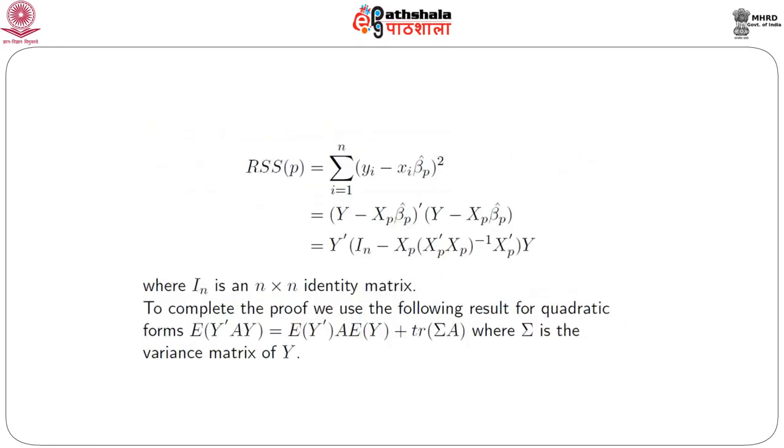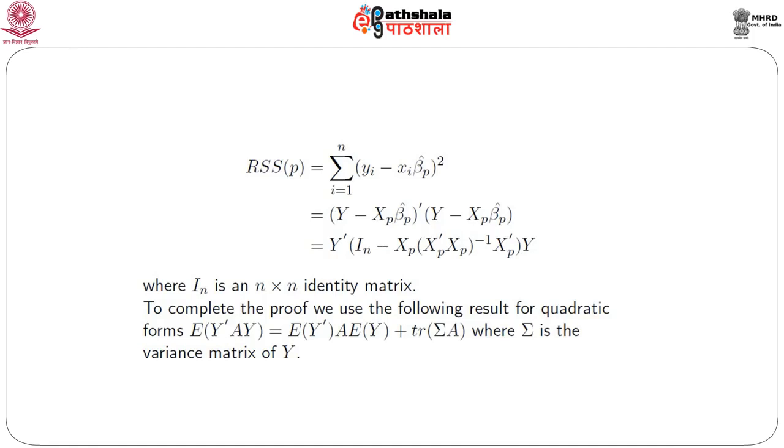So, the residual sum of square p equals summation i equals 1 to n y i minus x i beta p hat whole square, which can be written as y minus xp times beta p hat prime y minus xp beta p hat, which equals y prime times I minus xp times xp prime xp whole inverse xp prime y, where In is an n by n identity matrix.